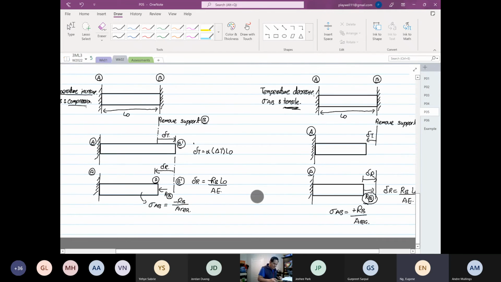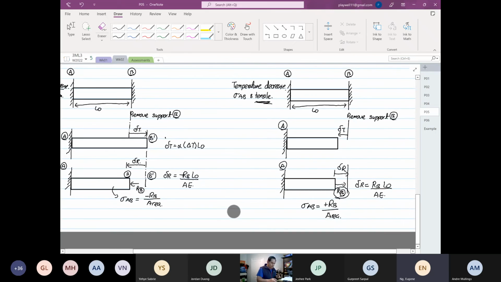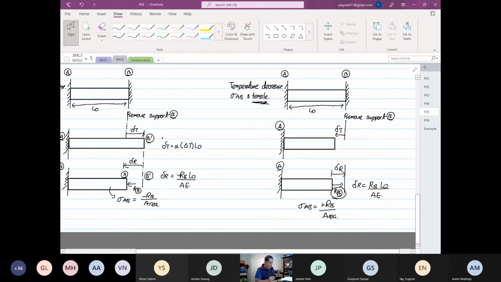Okay, and then there are two formulas that I've written down here that we have seen. The first formula is delta T is equal to alpha multiplied by change in temperature multiplied by L naught.